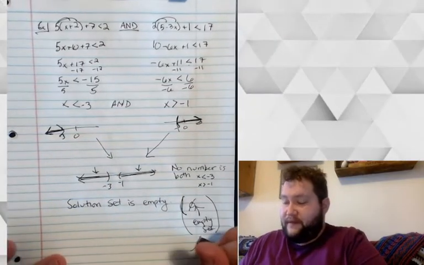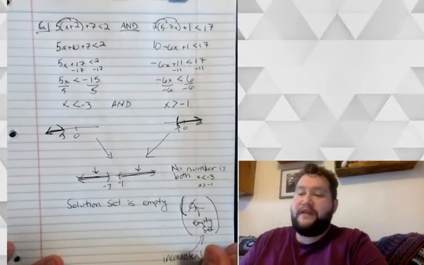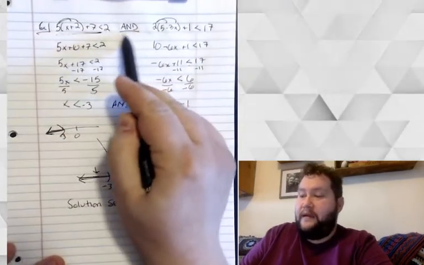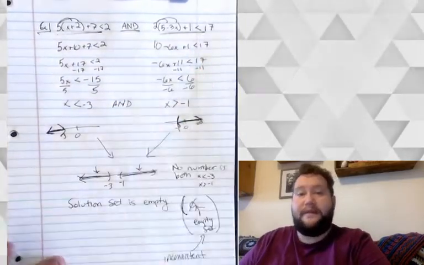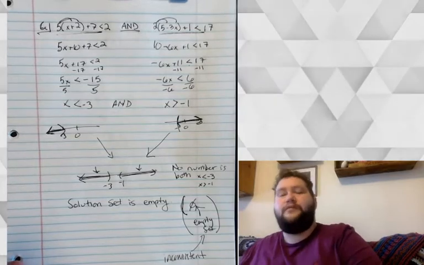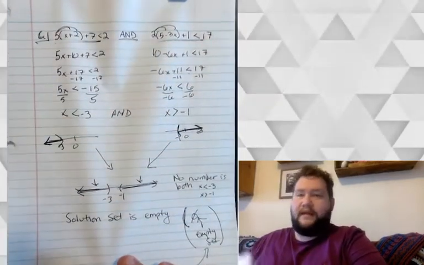So the empty set means that it's inconsistent. It is never the case that this is true and this is true. It can't be the case that both are true. And so working with more ands and ors, which you'll see in the homework, will make that a little bit more comfortable.